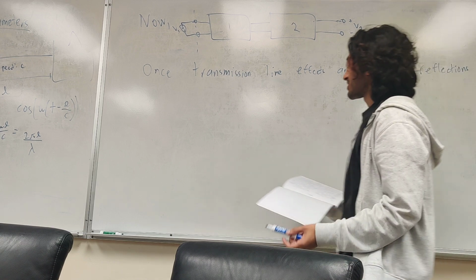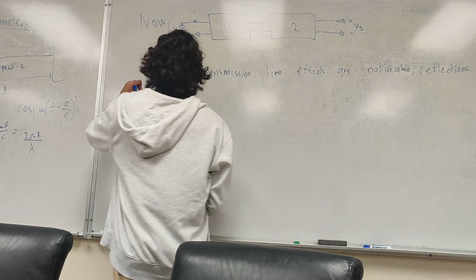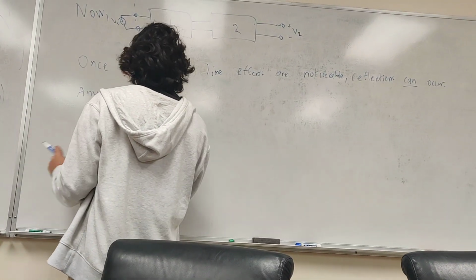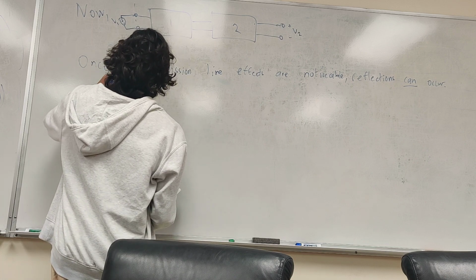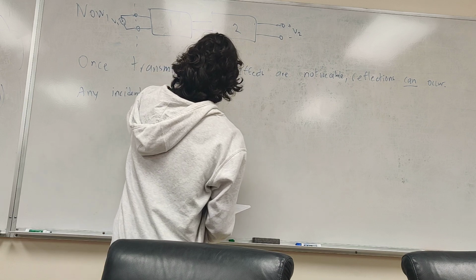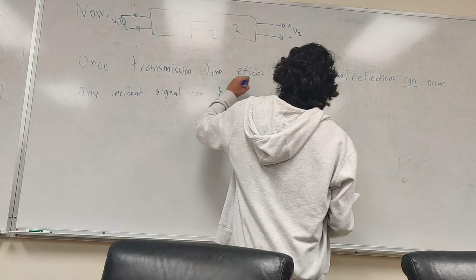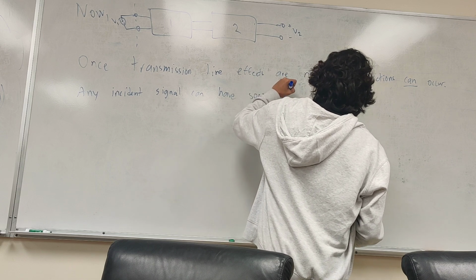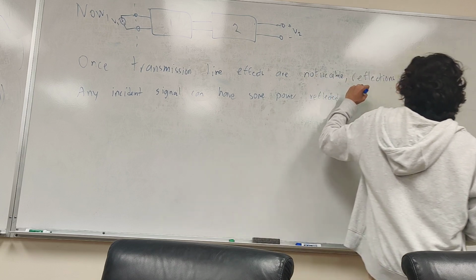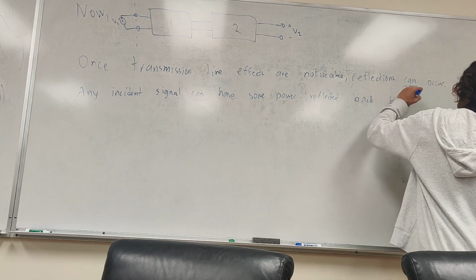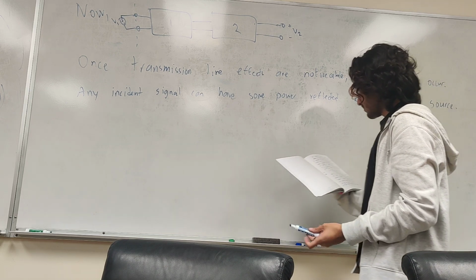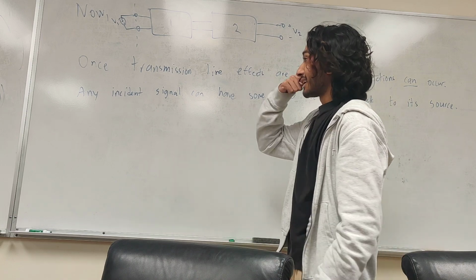the first point is once transmission line effects are noticeable, reflections can occur. So any incident signal on a transmission line to port can have some of its power reflected back to its source. Ideally, we don't want any reflected power, right?